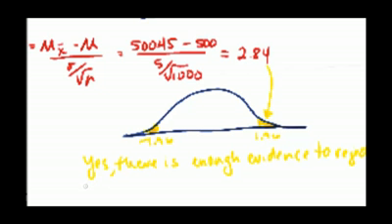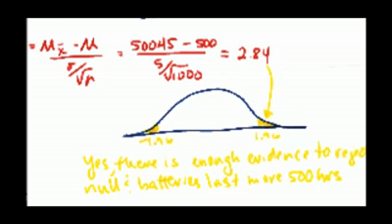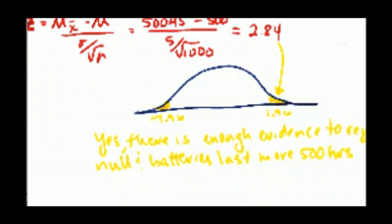So, reject the null and batteries last more than 500 hours. And then I would sue Duracell and Energizer battery for defamation of character and make new batteries.